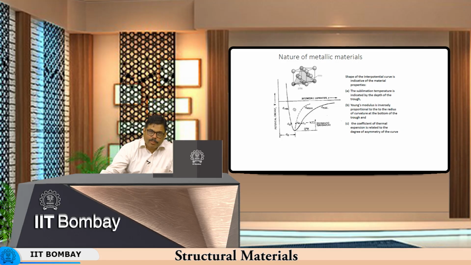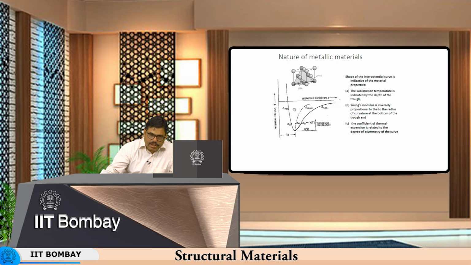So the interatomic separation continues to increase with temperature, and as a result you will see macroscopically a relatively larger dimension resulting from an increase in temperature. So it's like thermal expansion taking place.